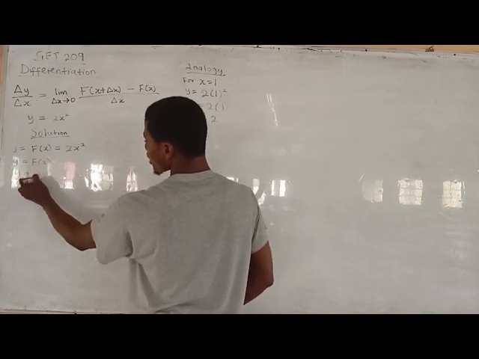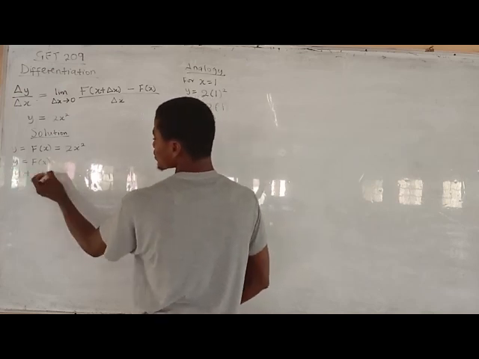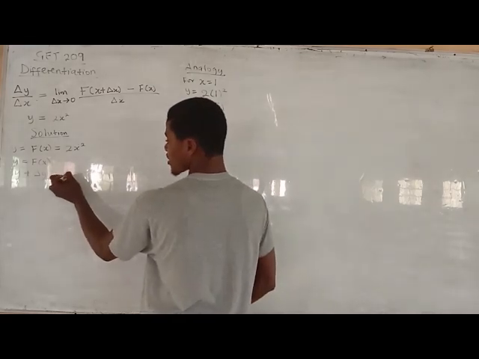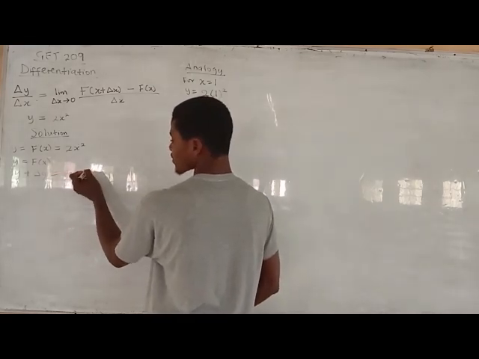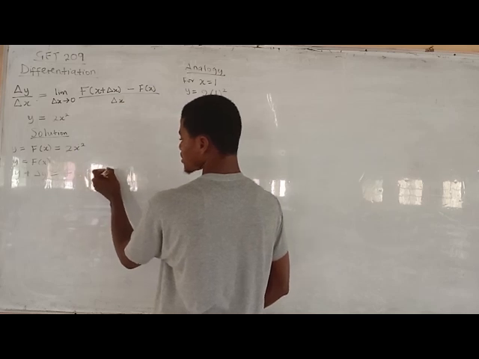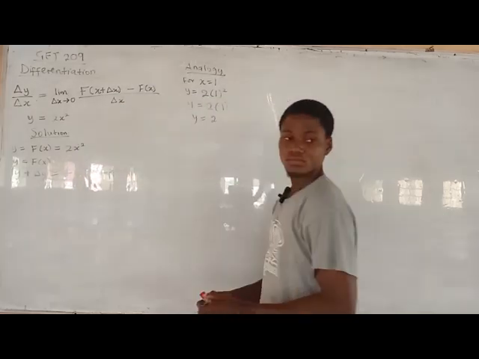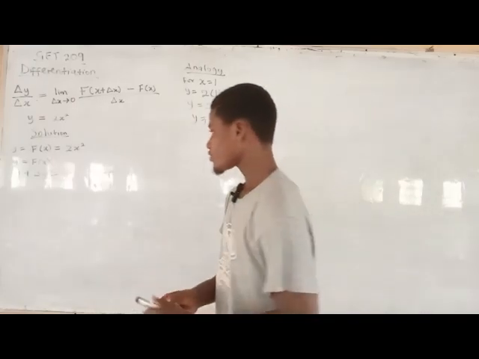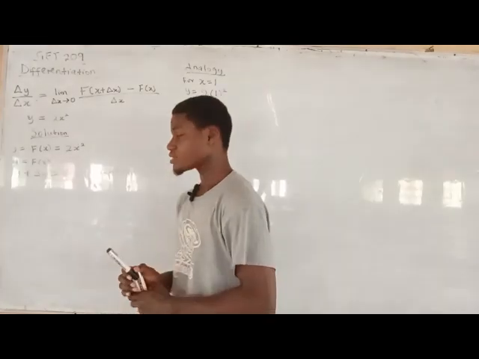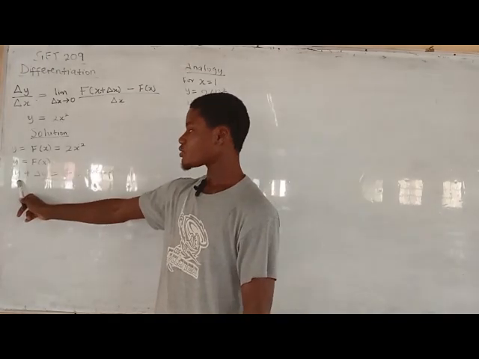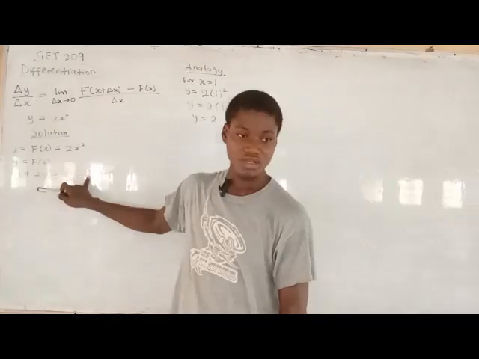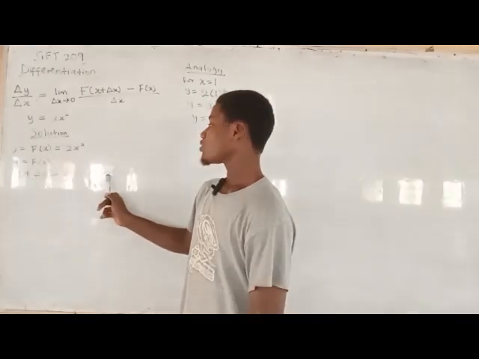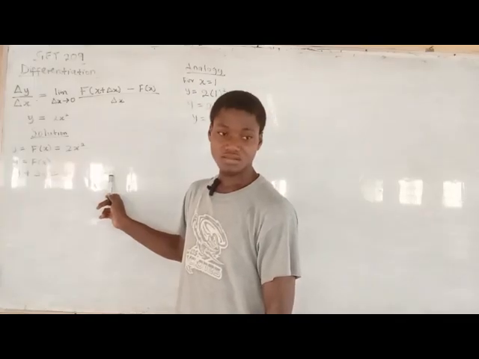Now for us to find this, we know that if y equals f(x), then y plus change in y will equal f of x plus change in x. Now, don't get confused. Remember from the very beginning, we said that y equals a function of x. So change in y will also equal a function of change in x.